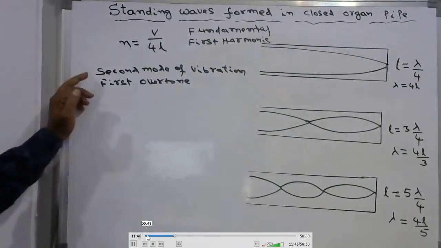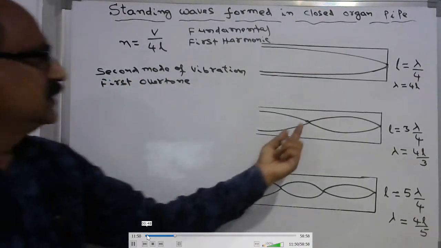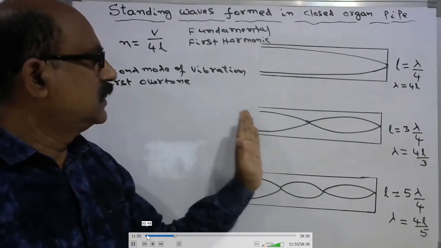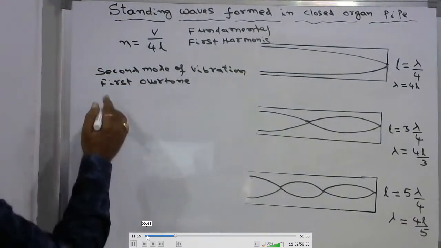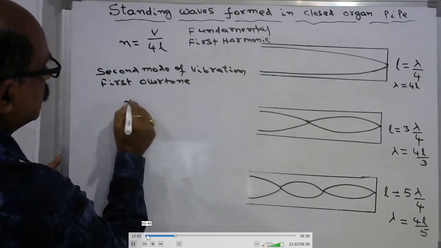The second stage is the second mode of vibration, in which there are two nodes and two antinodes formed here. In this case, we want to find the frequency.